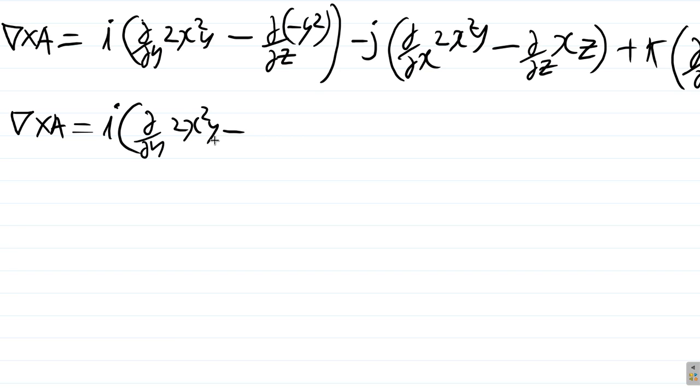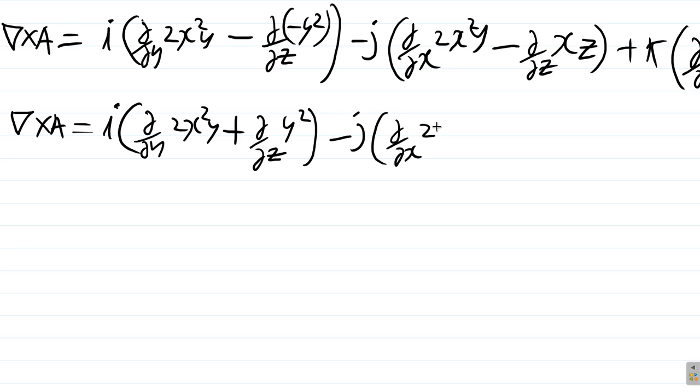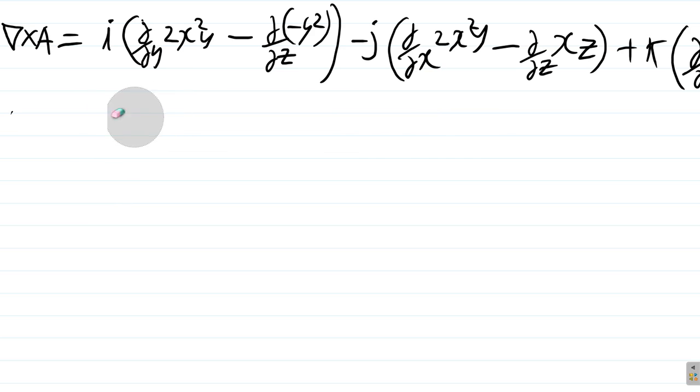So you're going to end up with a plus delta by delta z of y squared minus j delta by delta x of 2x squared y, right? Why am I bothering to rewrite it? Let's just work it out. So now nabla cross A is equal to i.